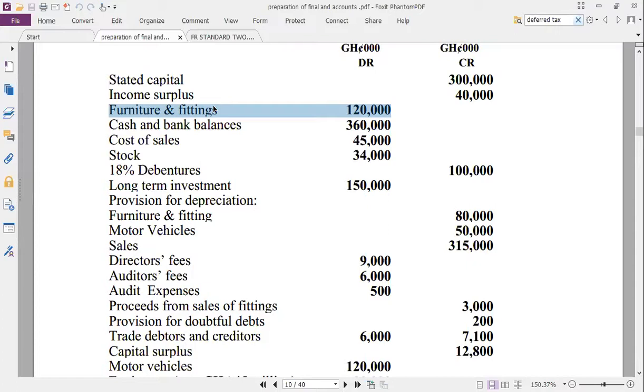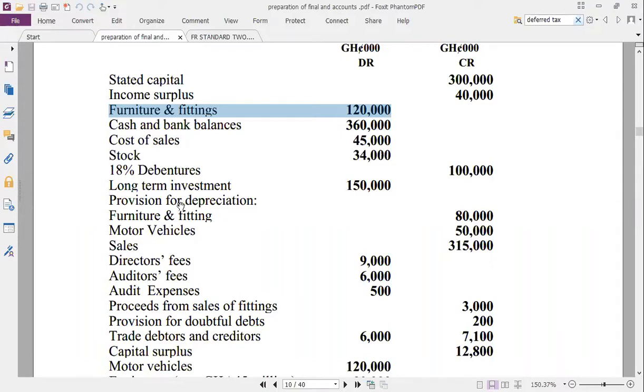So the depreciation on the furniture and fittings will be 120,000 times 20%, and that will give us 24,000. Agreed.